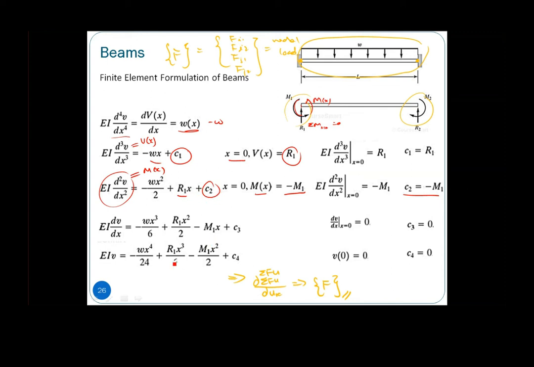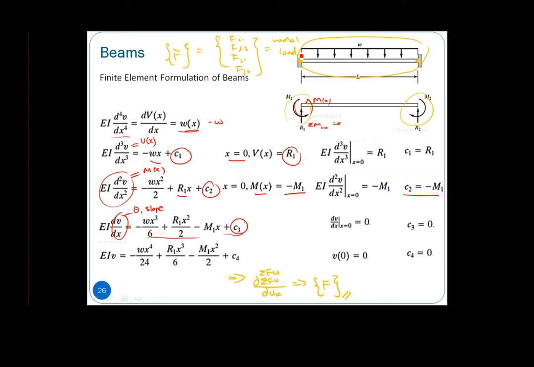Then we integrate again, and it gives us our slope, our theta. We integrate again, which gives us this unknown C3. We know that the slope at this particular point is fixed, so it is 0, and our C3 is also 0.